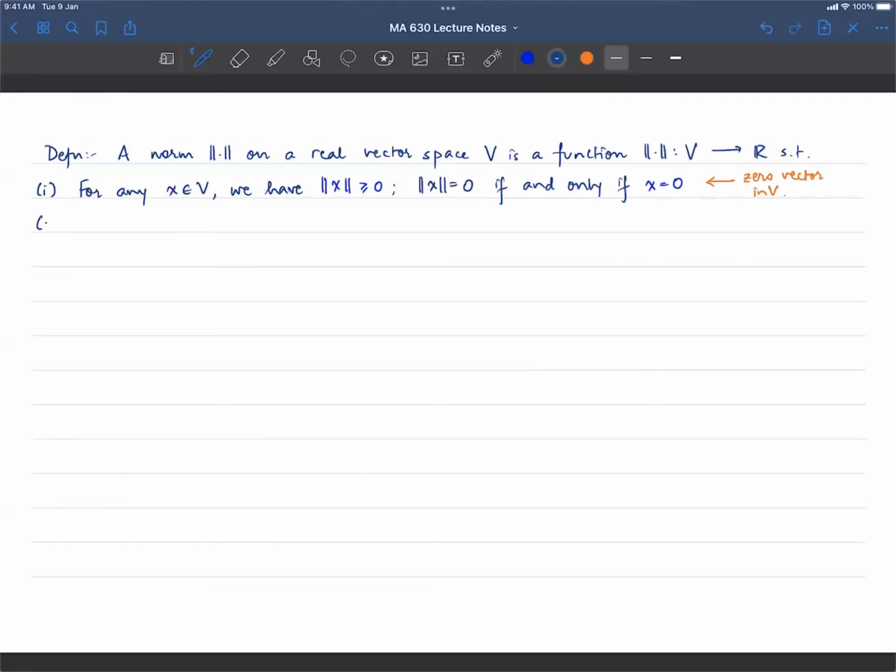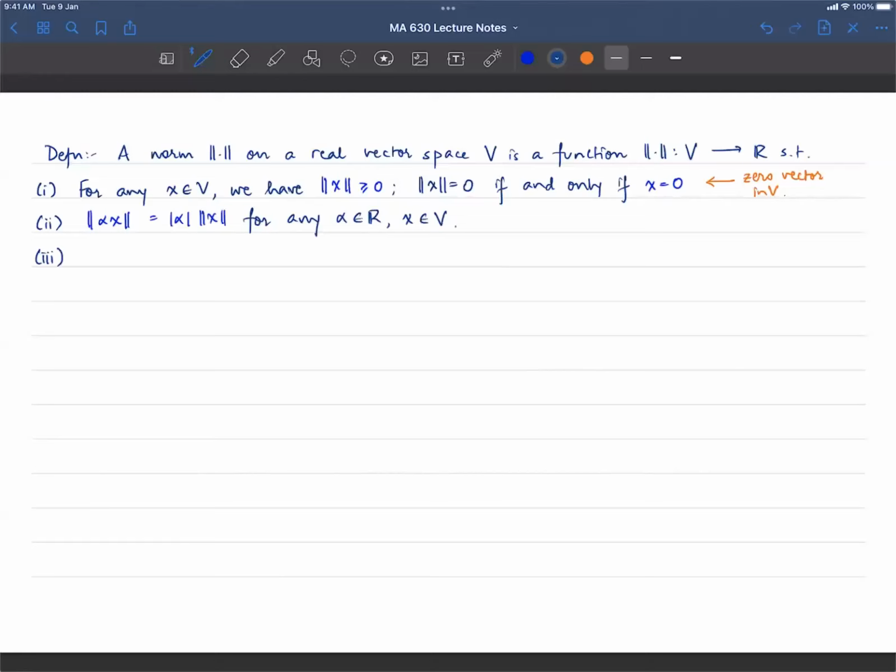The second property is that the norm of alpha x is the absolute value of alpha times norm x, and this is for any scalar alpha. A scalar just means real number in this case, for any alpha in R, and any vector x in V. The third requirement is the so-called triangle inequality.